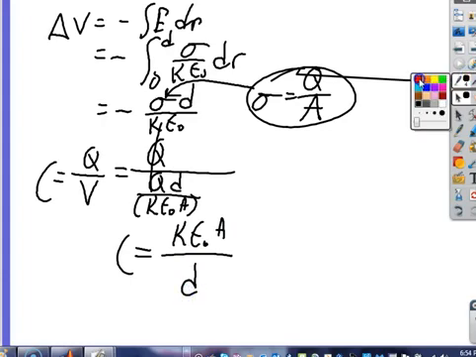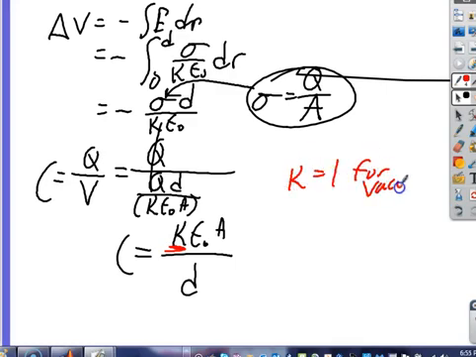This is exactly the same formula that I had before for a parallel plate capacitor, except that now there is a kappa. There is, in fact, the dielectric constant. Kappa equals 1 for a vacuum. It's like 1.0003, I think, for air, so it's really small. Other things might have like 1.3, or they might have 7.